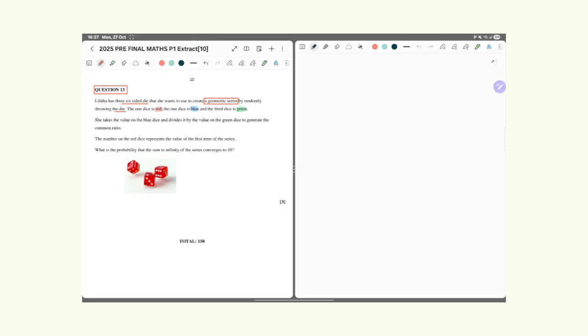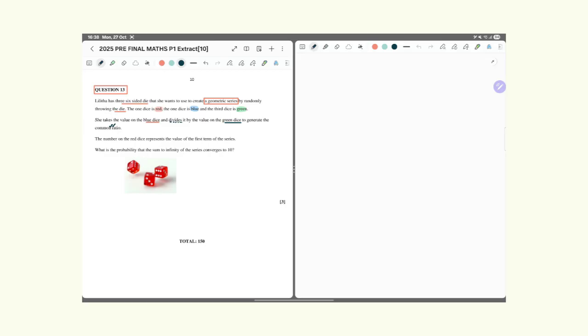She takes the blue dice and divides it by the value of the green dice to generate the common ratio. So we've got a geometric series, and how do we get the common ratio?